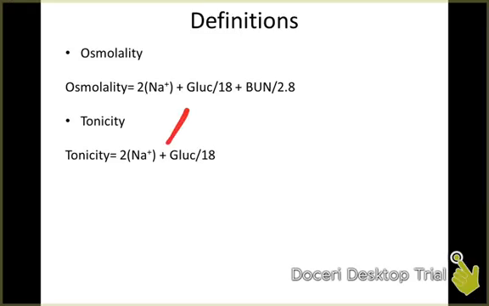The only difference is that we don't have the blood urea nitrogen measurement in the tonicity equation, and that's because the urea goes between intracellular and extracellular freely, so it only contributes a small amount inside of the cell.